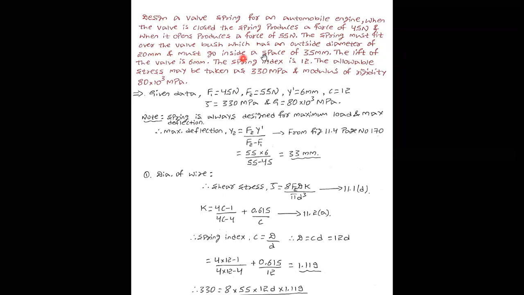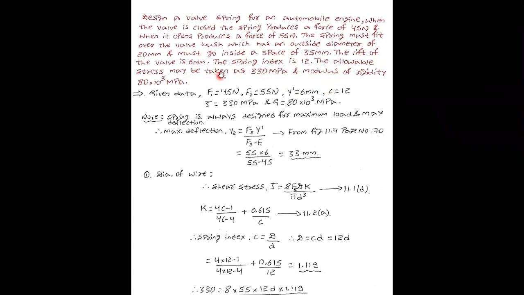I will tell you when to use these dimensions in the design calculation. Next, the lift of the valve is 6 mm, noted as y dash. The spring index is nothing but C, it is 12.